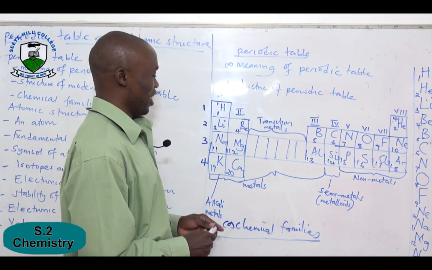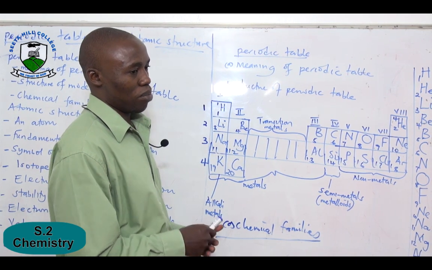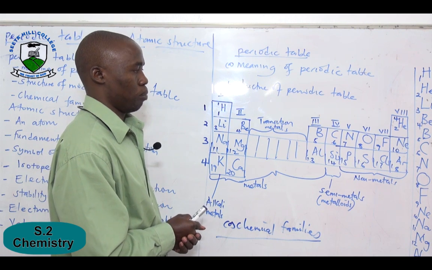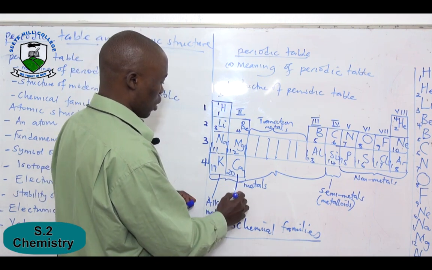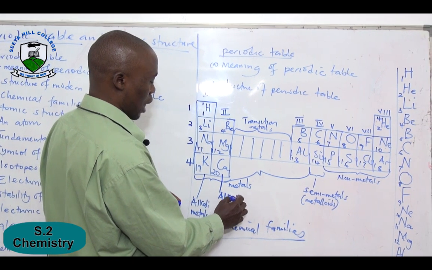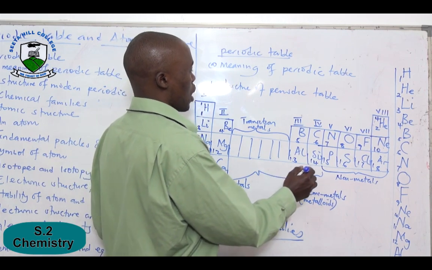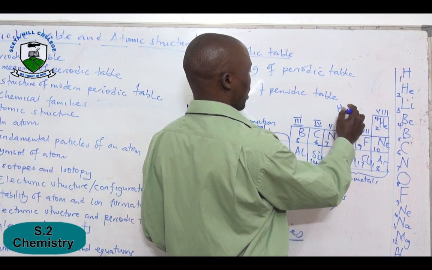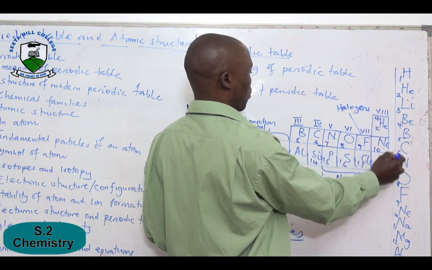Now, look here again, because we are trying to close down the periodic table. These are called alkaline earth metals. Group 7 are called halogens. Those names we are putting there as we shall interact deeper.